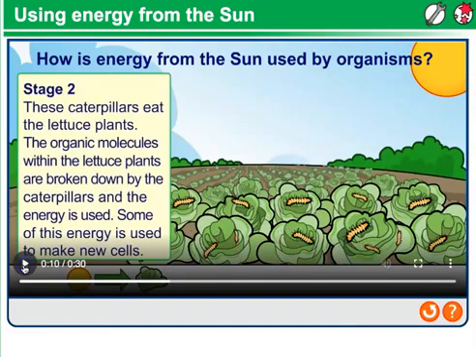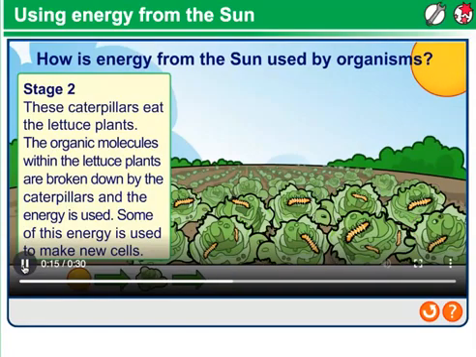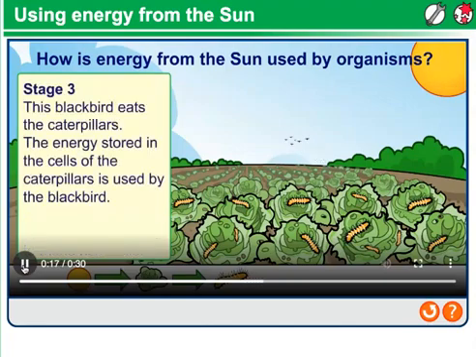Stage 2, these caterpillars eat the lettuce plants. The organic molecules within the lettuce plants are broken down by the caterpillars, and the energy is used. Some of this energy is used to make new cells. Stage 3.